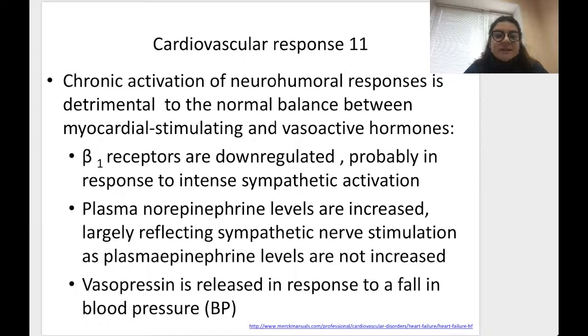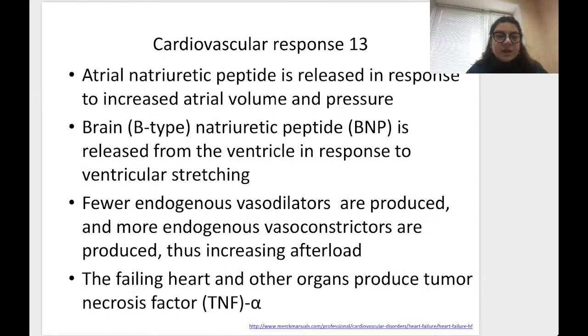Vasopressin is released in response to a fall in blood pressure. Atrial natriuretic peptide is released in response to increased atrial volume and pressure. Brain natriuretic peptide, or B-type as we name it, is released from the ventricle in response to ventricular stretching.